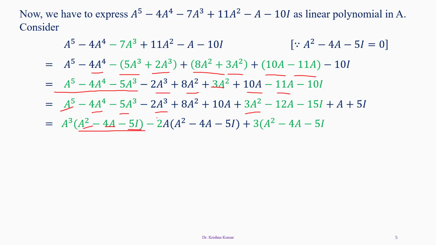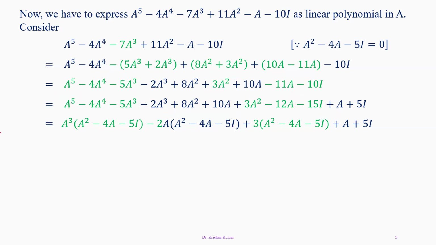If we take 2A as common in the next three terms, we get A² - 4A - 5I. And from the last part, we take 3 outside, and the remaining is A² - 4A - 5I, plus A + 5I.